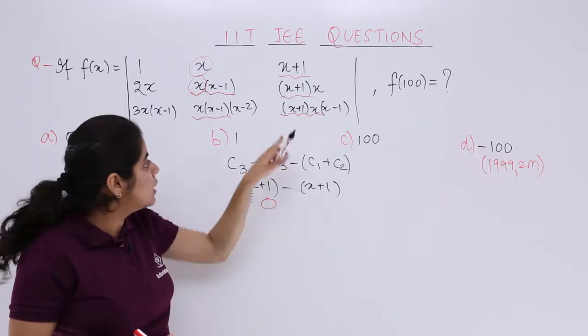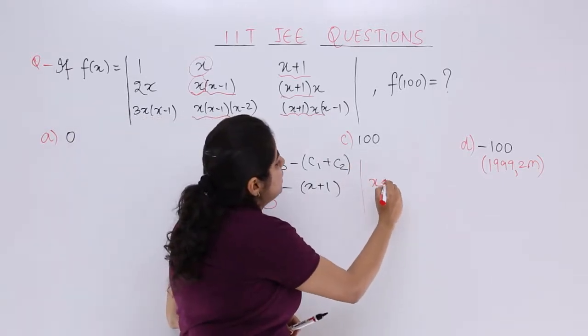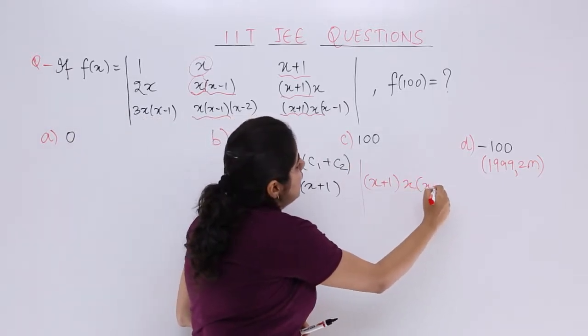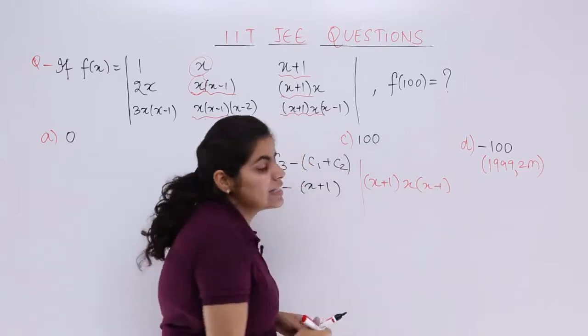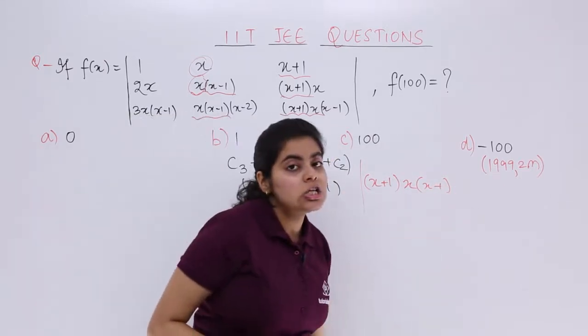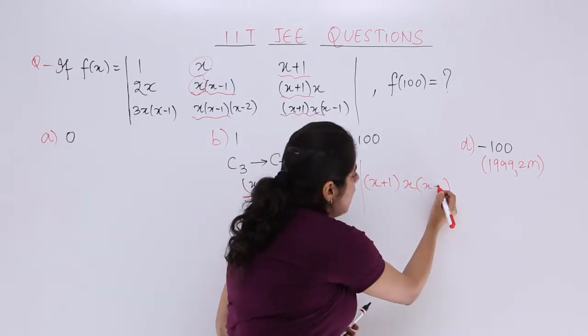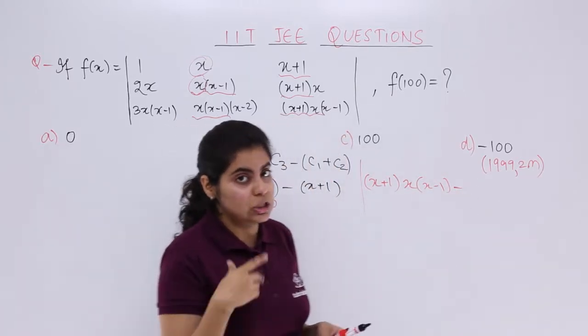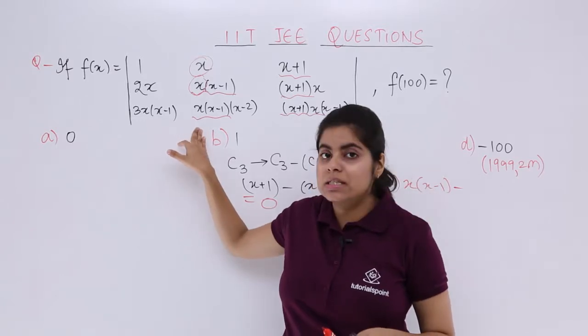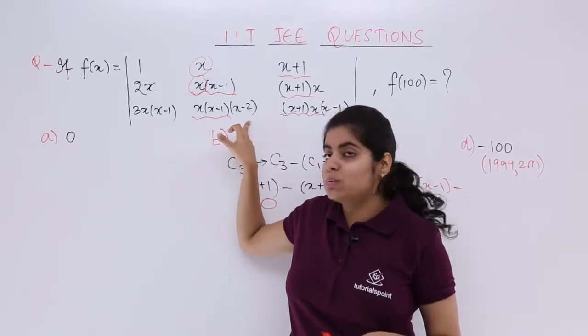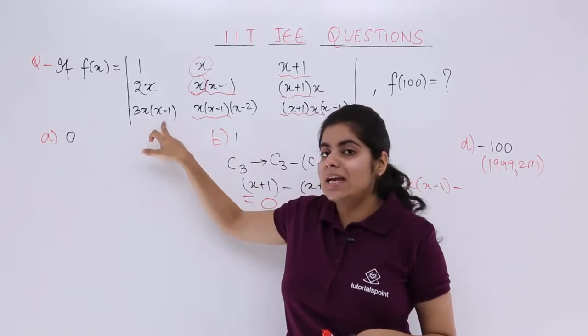If you do not believe it, let's see this. The third row, third column element is x plus 1 into x minus 1, and then you have minus (C1 plus C2). C1 plus C2 is this plus this: x into x minus 1, x minus 2 plus 3x, x minus 1.